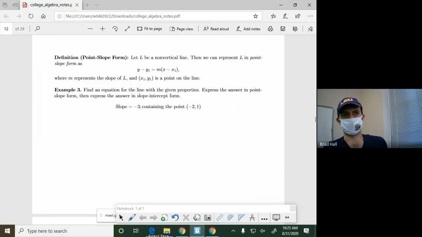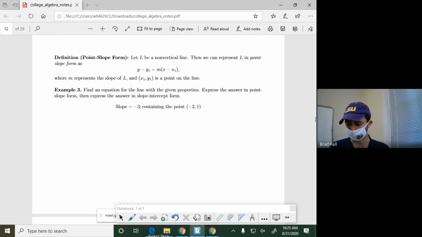Normally we use this form, we simplify it, and then we get slope intercept form, which I'll explain in example 3 here. Point slope form is something we start off with, we simplify it, and then we get the previous equation, the mx plus b. So it's kind of a stepping stone, as example 3 will show us.